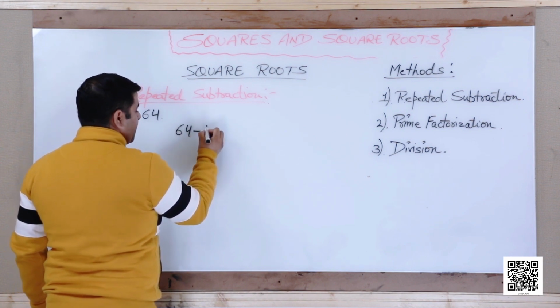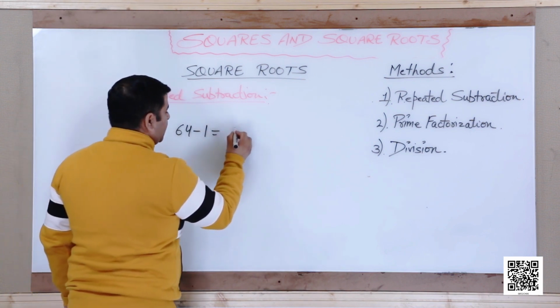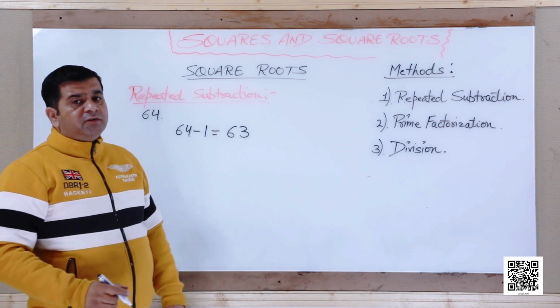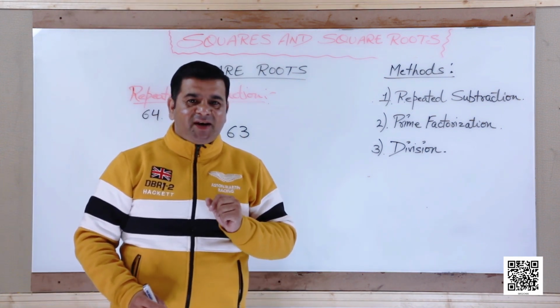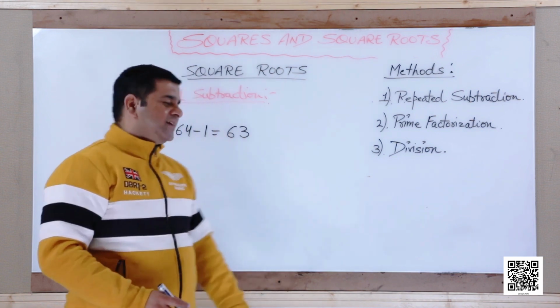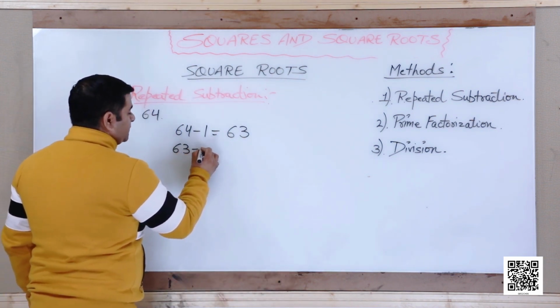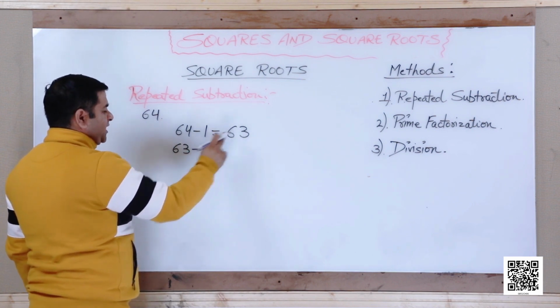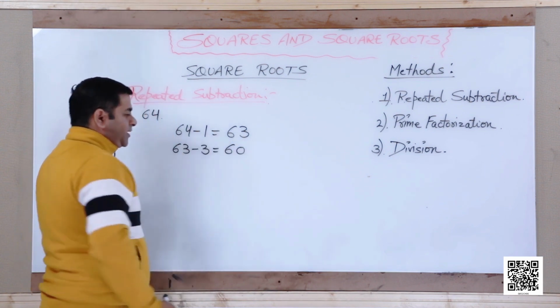So, we will subtract 1 from 64 and what do we get? 63. Now, we will take the second odd number. Which is the second odd number? It's 3. So, now we will subtract the second odd number, that is 3, from what was left? 63. So, 63 minus 3 is 60.